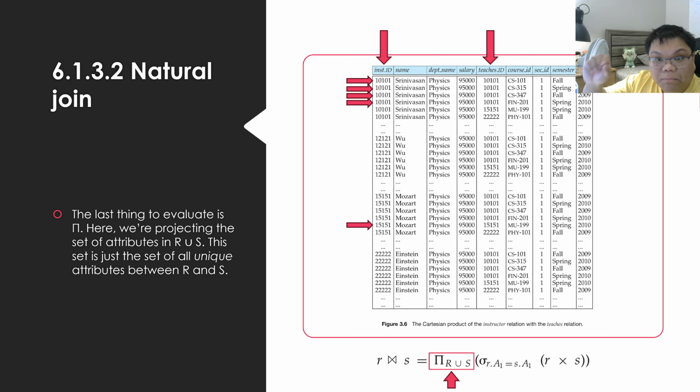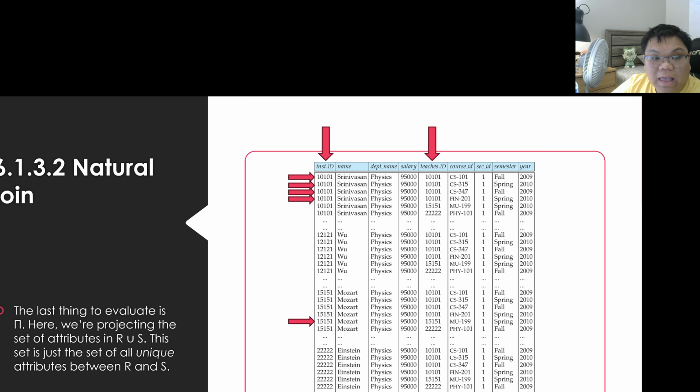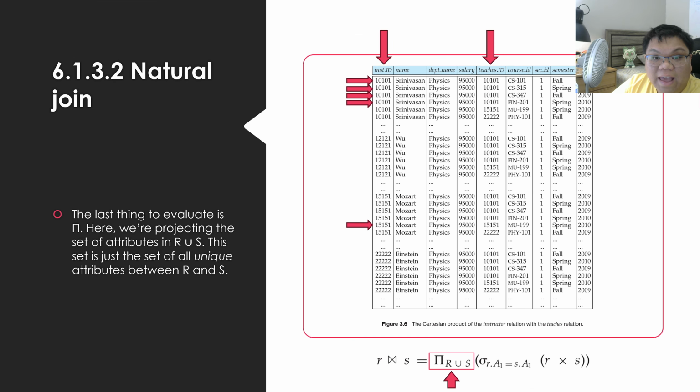So big R union big S. That is just the set of all attributes in relations R and S without duplicates. So we have two ID attributes, and R union S is the set of all attributes between R and S without duplicates.